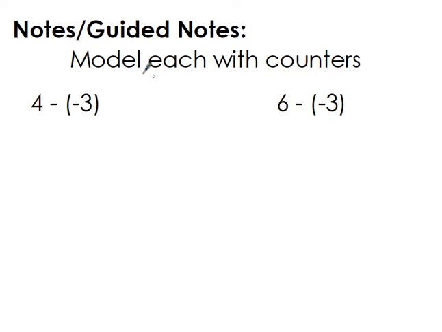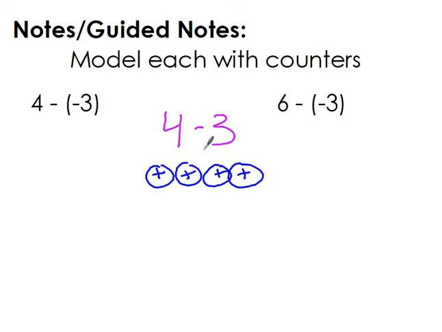What I want to do first is show you an example of how we learned subtraction, probably back in first grade. My guess is when you were in first grade, you did 4 minus 3. You started off with 4, maybe with apples, but we're going to do it with plus signs. So I have positive 4 here. I'm starting with my first value and modeling it with counters.